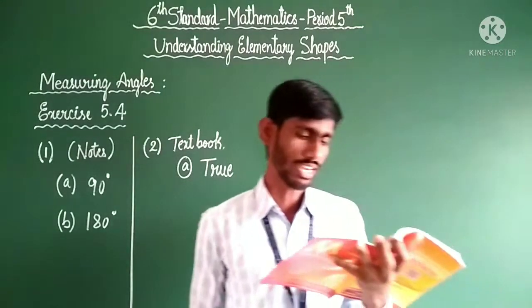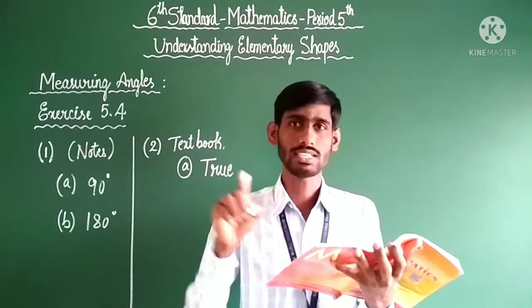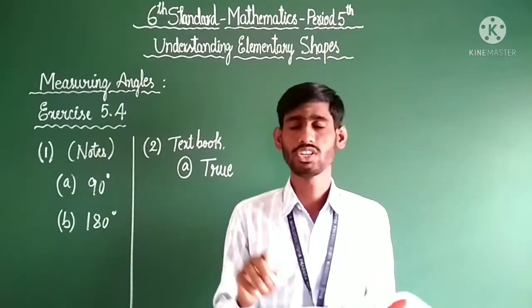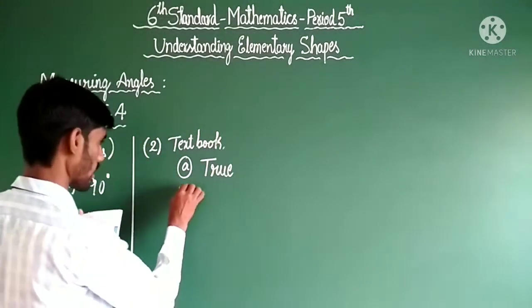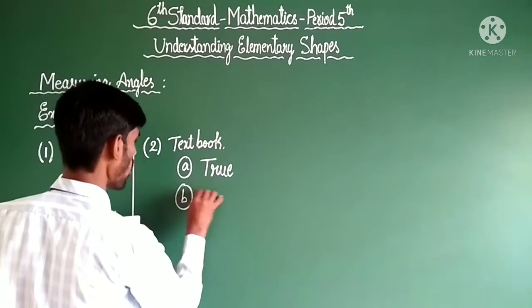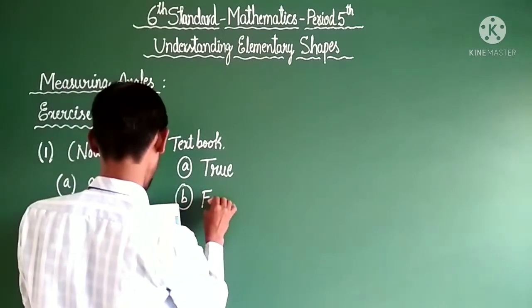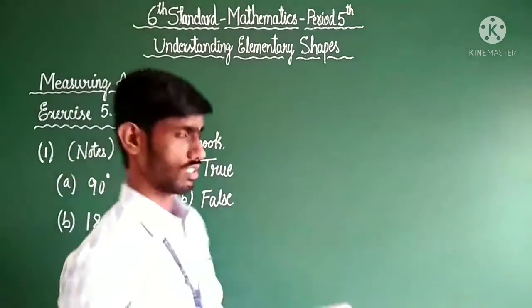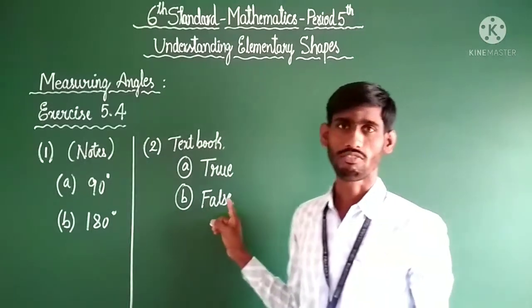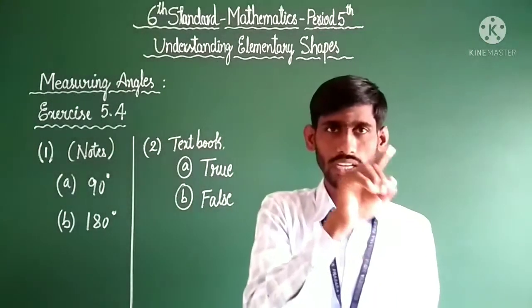Dear children, second subquestion. The measure of an obtuse angle is less than 90 degree. Dear children, an obtuse angle is not less than 90 degree. So the second statement is false. What is the measurement of obtuse angle? Clear? Less than 90 degree is an acute angle.